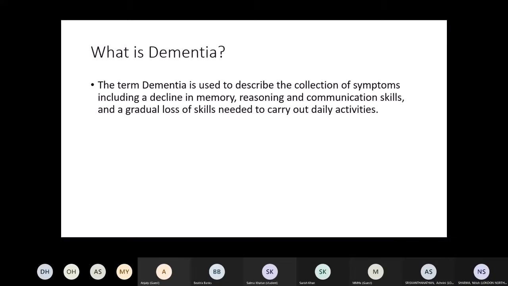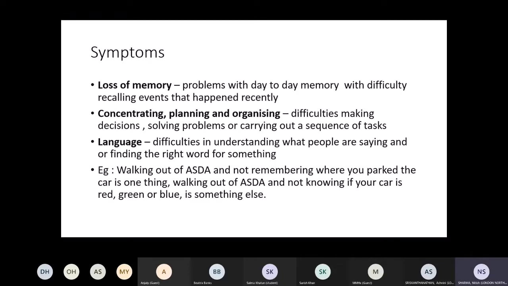So dementia is used to describe a collection of symptoms including decline in memory, reasoning, communication skills, and gradual loss of skills to carry out daily activities. The first symptom the patient or the family would start noticing is day-to-day difficulties with memory, recalling recently happened events. Then difficulty concentrating, planning and organizing activities, making decisions, and language difficulties.